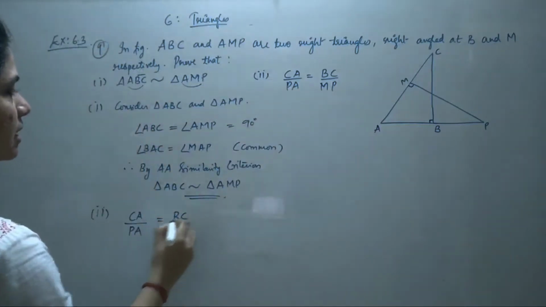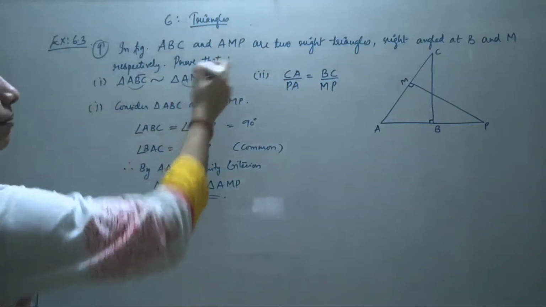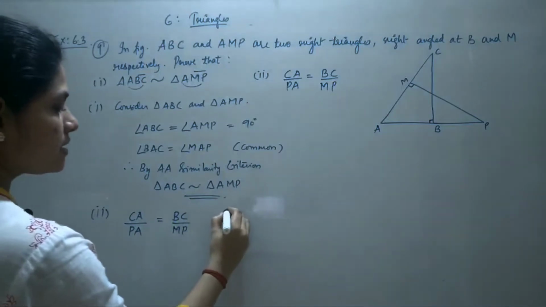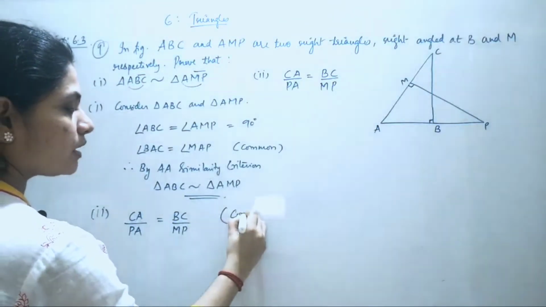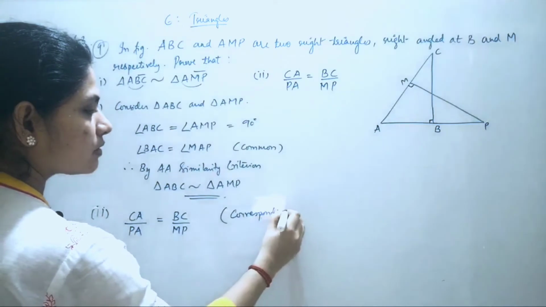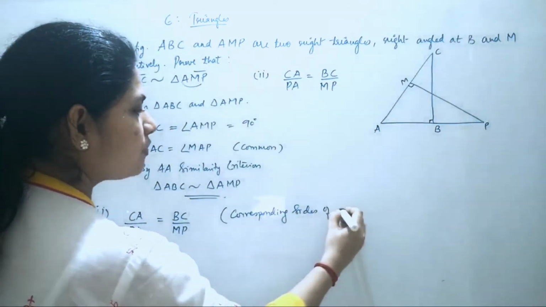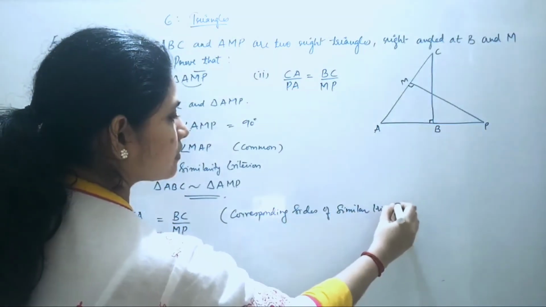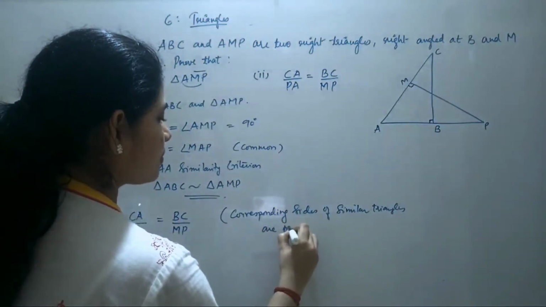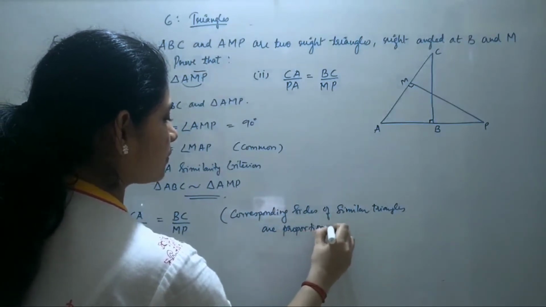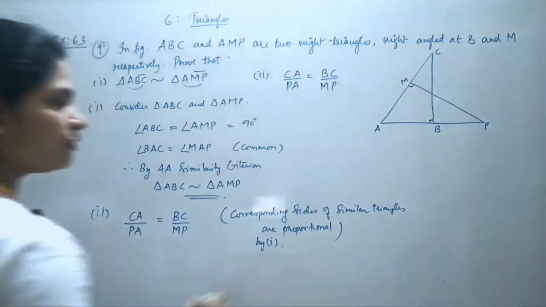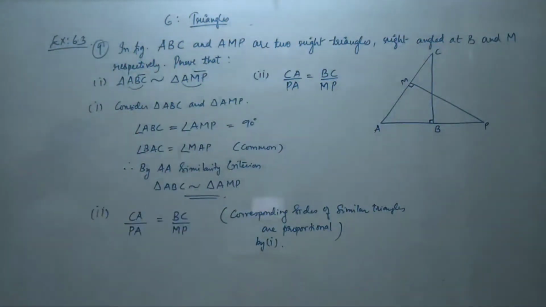If I take BC, you have to take MP for the other triangle. The reason is: corresponding sides of similar triangles are proportional, and already you have proven in your first part that the two triangles are similar. That much is enough.